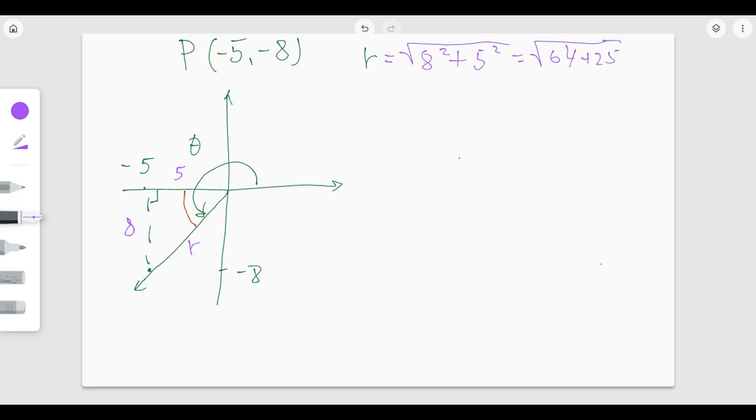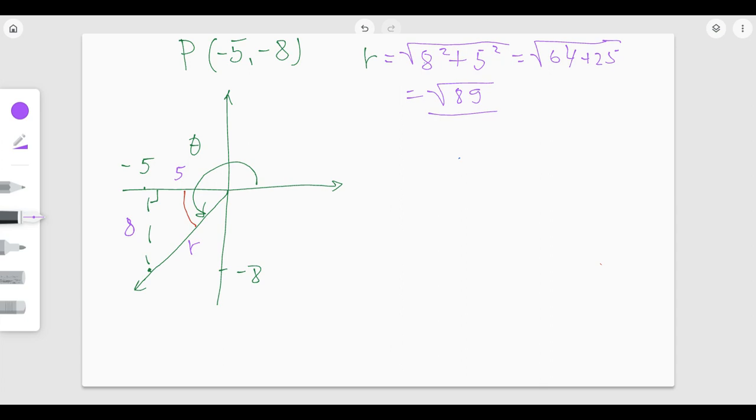So we're getting the square root of 89, which is not a perfect square. That's why you can leave the value like this, because the radical is the most accurate value.